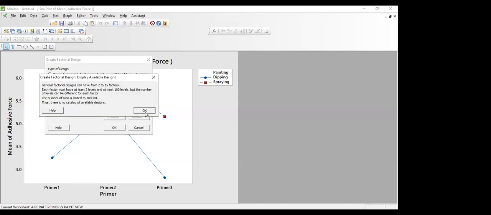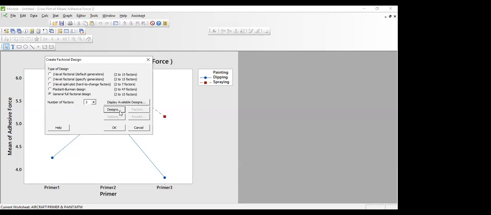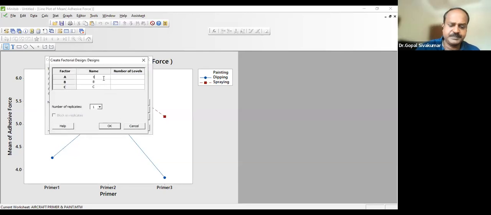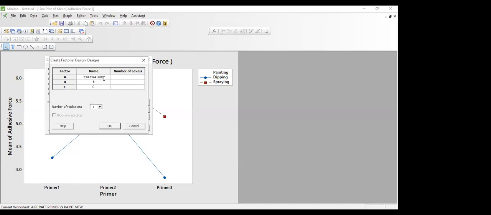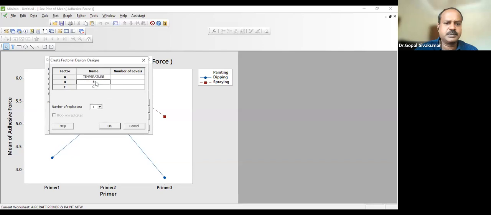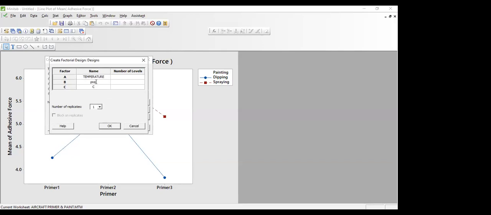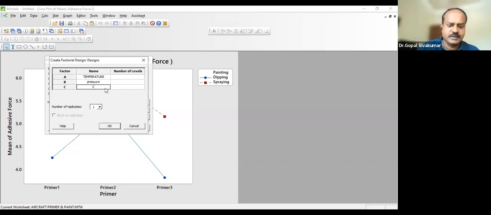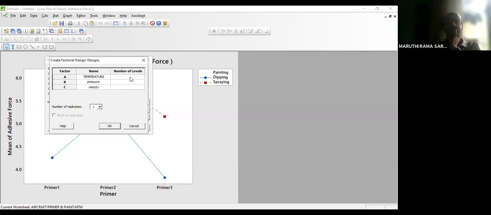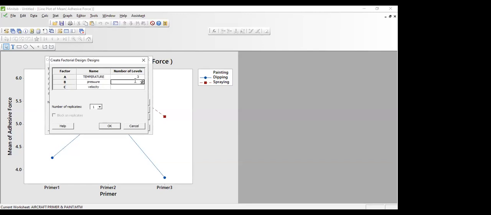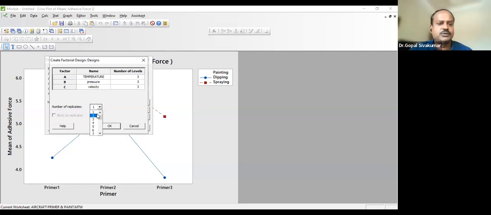Factor A, I'm just typing something: Temperature, Pressure, and then Velocity. Whatever it is, number of levels 3, number of levels 3, number of levels 3, and replication 2.